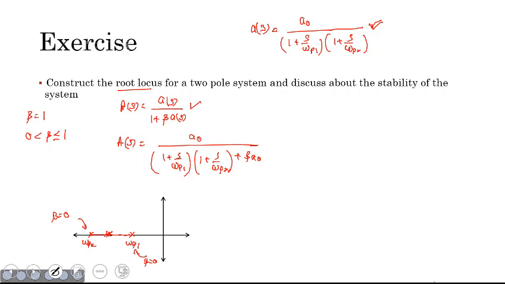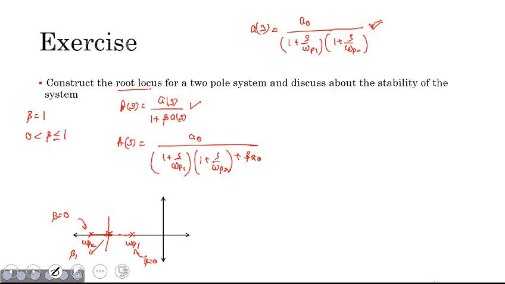Let us assume that the value of beta when both the poles meet is beta 1. What happens if we further increase beta beyond this beta 1? It's obvious that one pole would move up and the other pole would move towards the negative end, making the poles a complex conjugate pair.